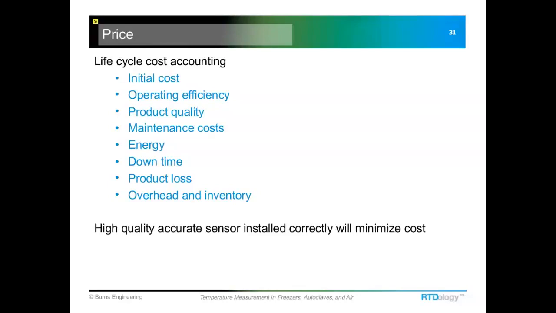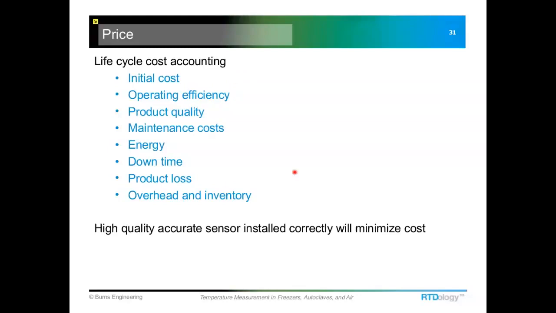Now, when we're looking at choosing a probe for a particular measurement point, it really pays to look at a high quality, accurate, repeatable, stable sensor that's installed correctly, because it's going to pay for itself over time quite quickly. We have all these factors that come into play when we're looking at the total cost of that measurement point. Usually the initial cost is one of the lowest pieces of any of this.